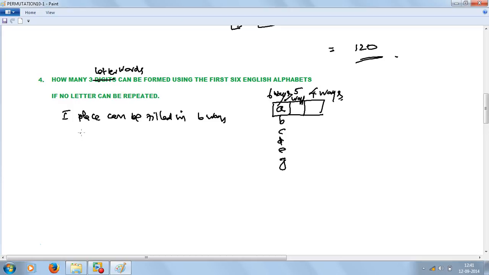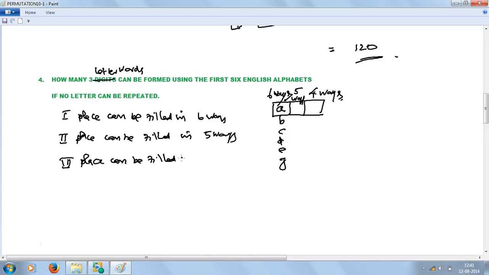So as per the formula, what about the second place? Let us take this as the first place. The second place can be filled in five ways. So the third place can be filled in four ways.